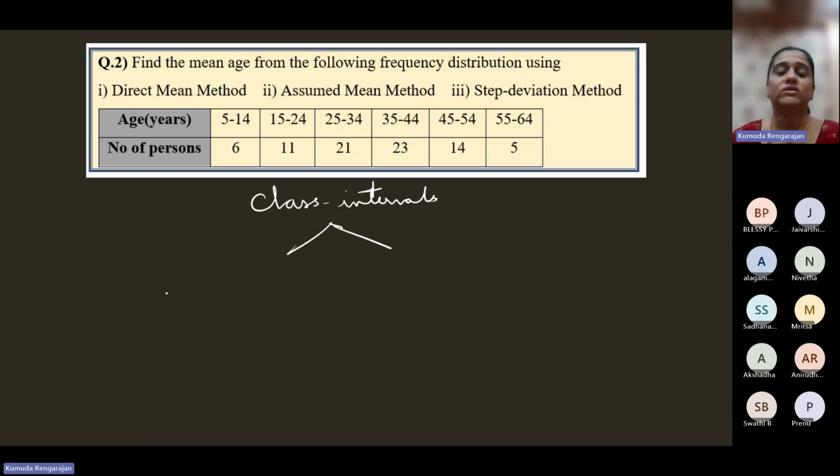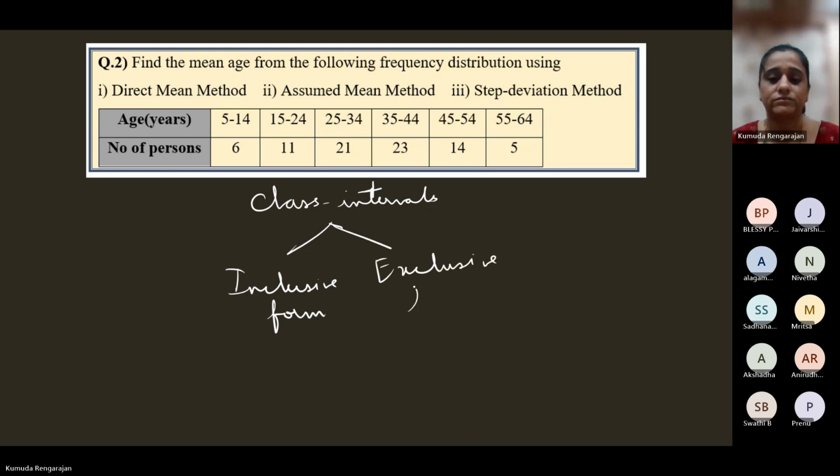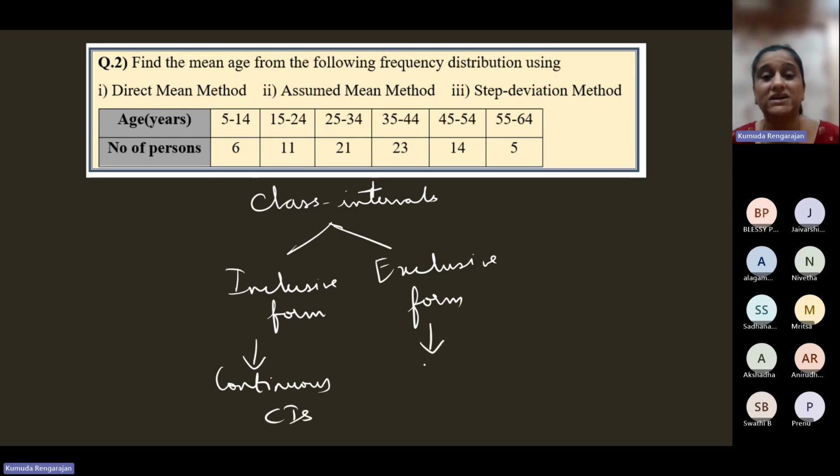Okay, so class intervals are of the inclusive form and exclusive form. Inclusive form is continuous class intervals. Exclusive form is discontinuous class intervals.